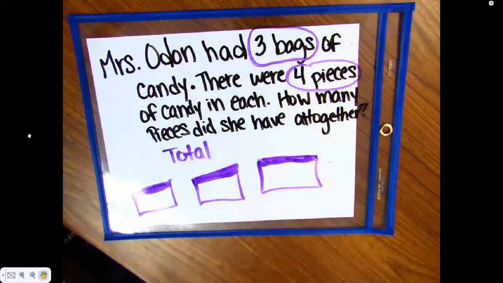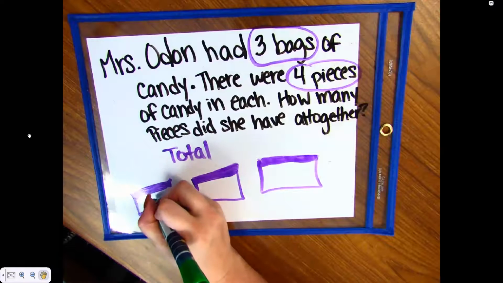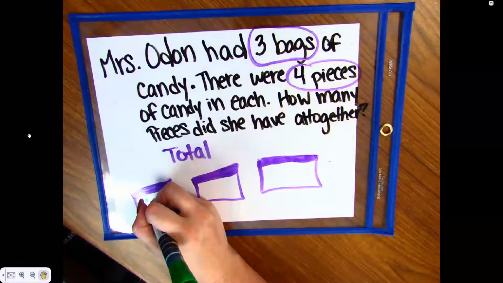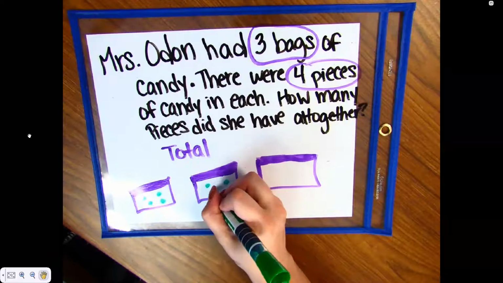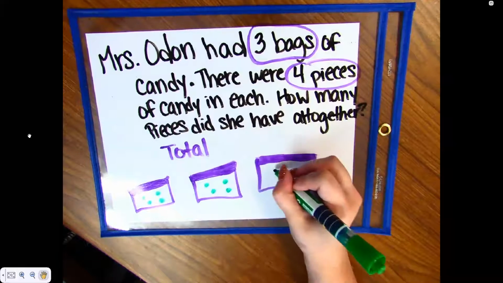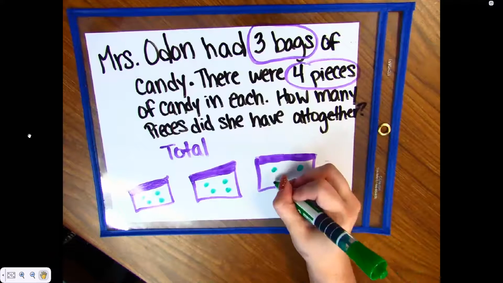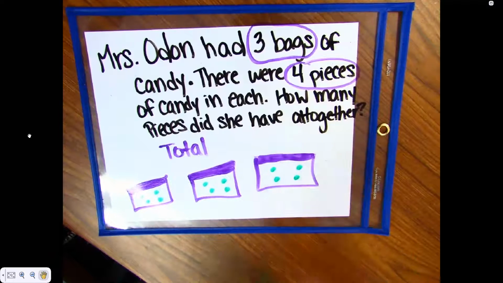So how many pieces of candy should I put in those Ziploc bags? Roy, how many? 4. So I'm going to put 1, 2, 3, 4 in each bag.